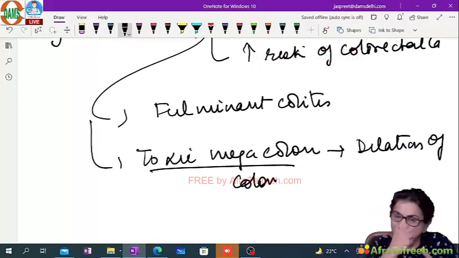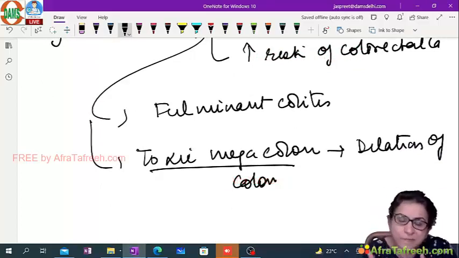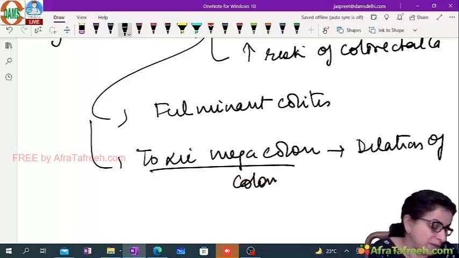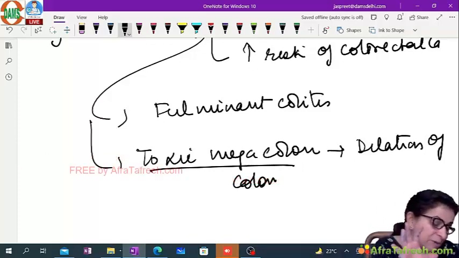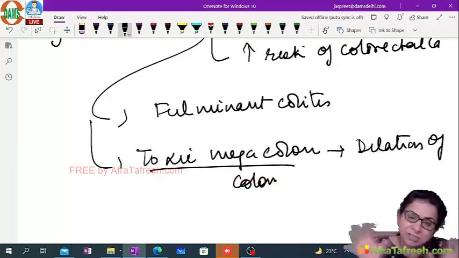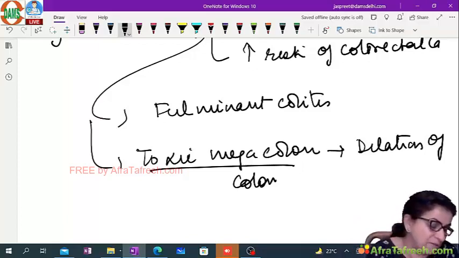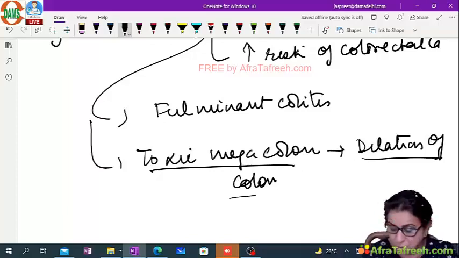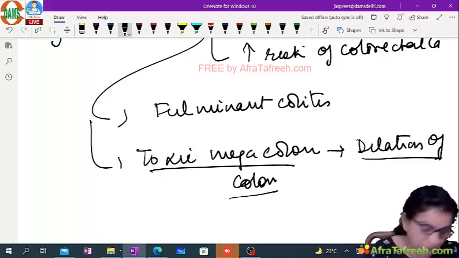Sometimes from the submucosa, the inflammation spills into the muscularis propria and damages it. When the muscle gets damaged, the neuromuscular function is disturbed and that produces dilatation of the colon, that is toxic megacolon.